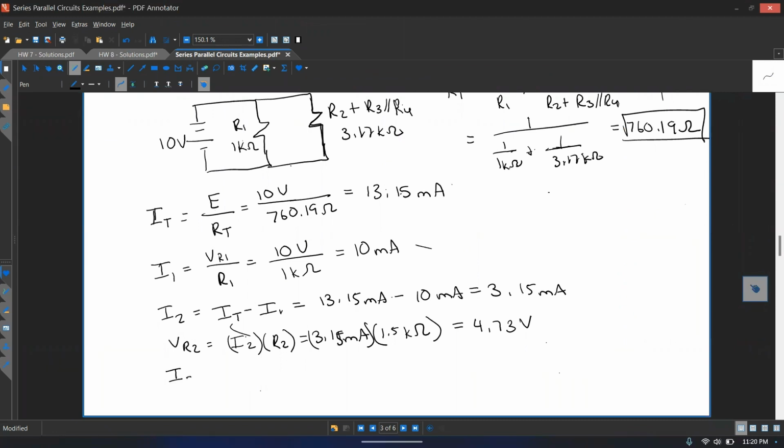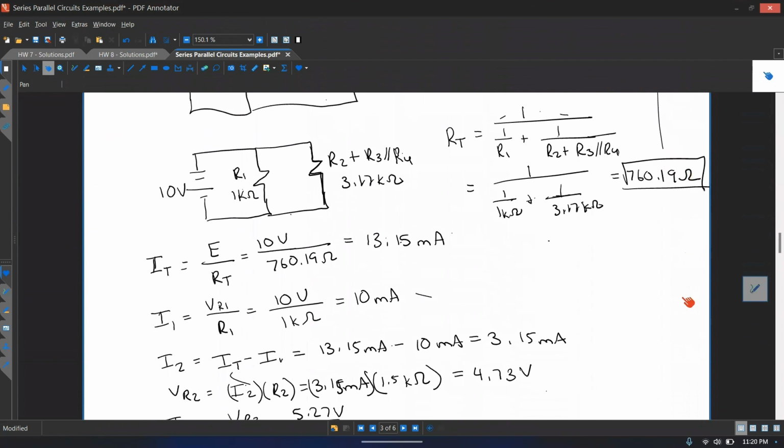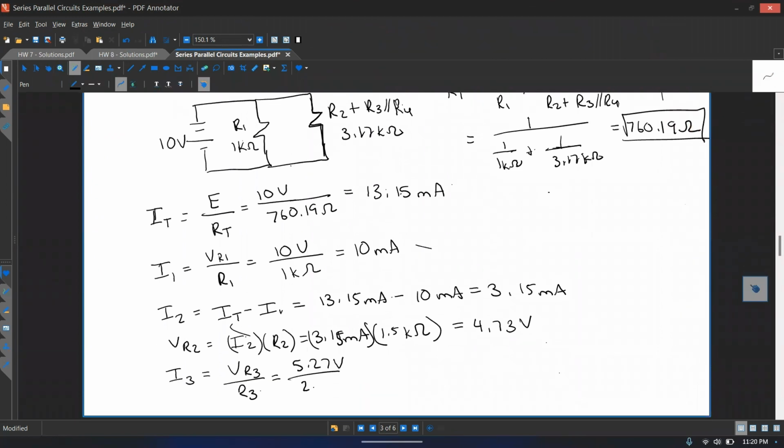So I3 is equal to VR3 divided by R3, which equals 5.27 volts divided by R3, which is, what is R3? 2.5. So we get 2.11 milliamps.